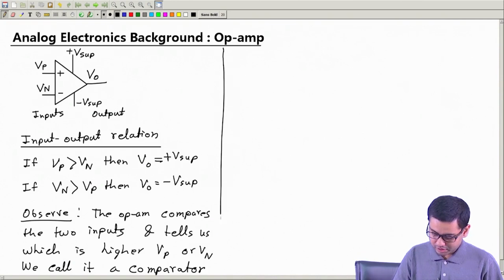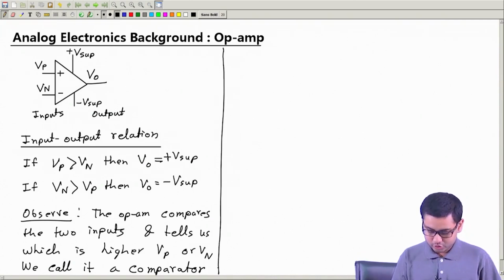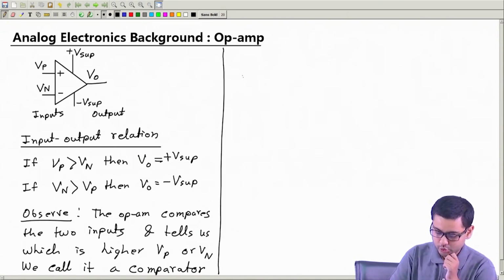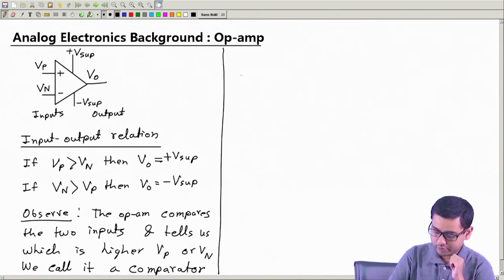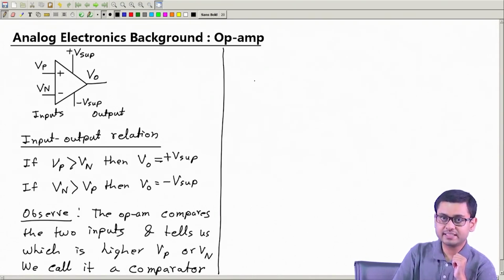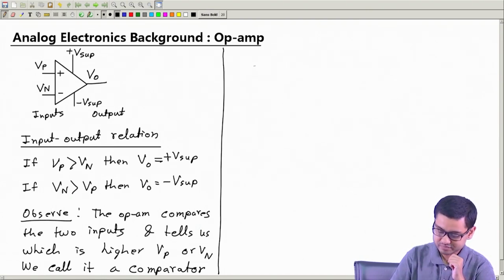Now that you know this simple thing, let me show you a bit more complicated representation of this simple fact, which is a pictorial or graphical representation. I want to draw a graph representing input versus output.